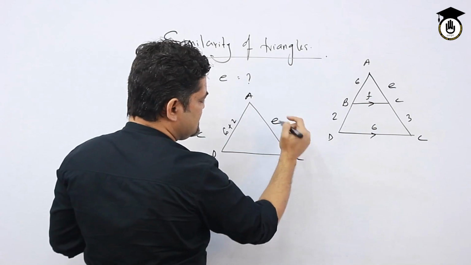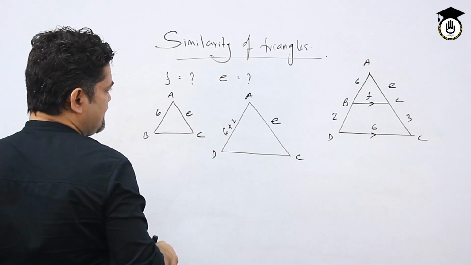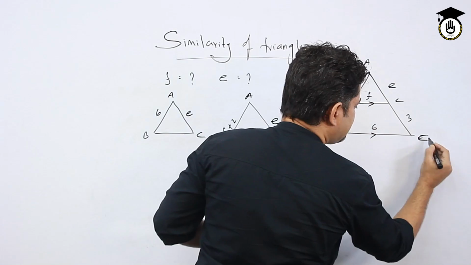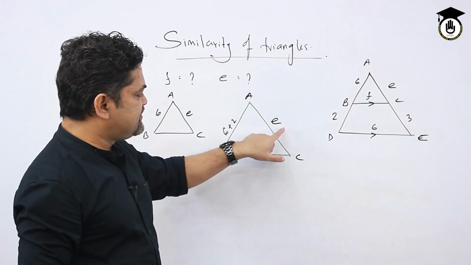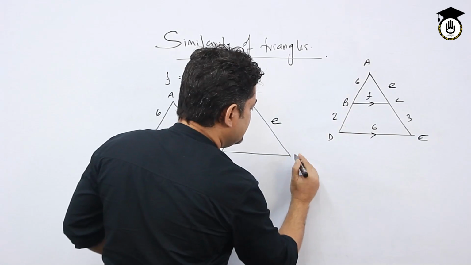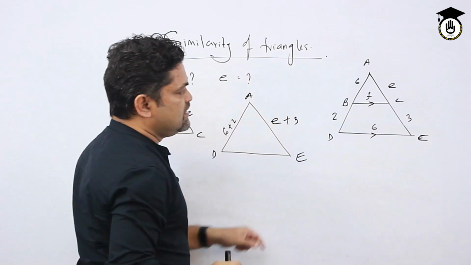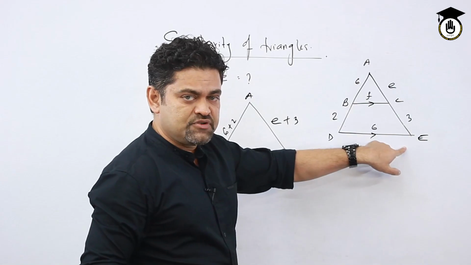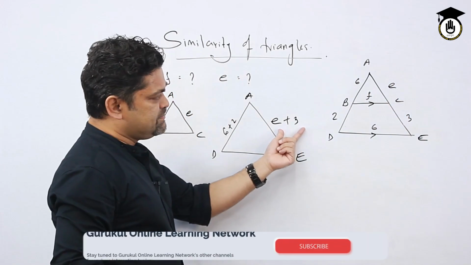And the other side is AC, okay? If I draw the triangle, AC is given here, sorry, this will be E. Okay, so this one will be E plus 3 as usual, because this is the bigger side. So I have to add AC plus CE, that comes here as E plus 3.